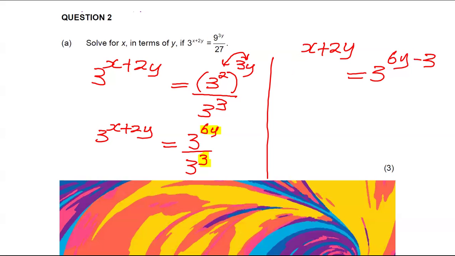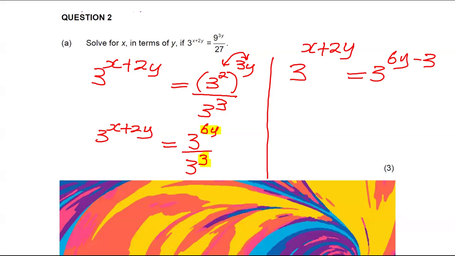If the bases are the same and you are trying to solve for x, you will simply have to drop the bases and just equate the exponents. And that's what you will have to do here, right? All you have to do is to make sure that you drop the bases and you equate the exponents.